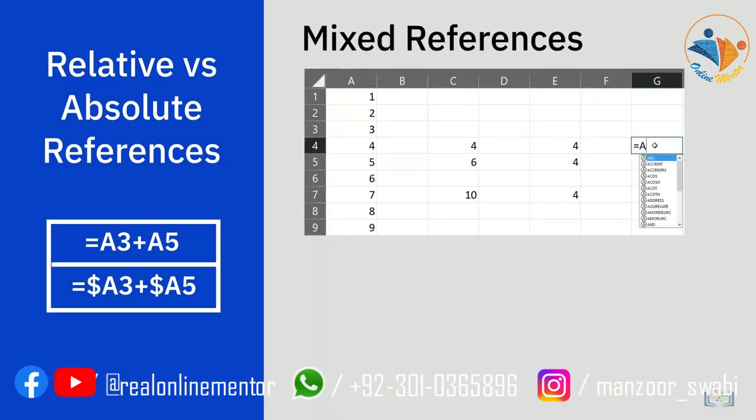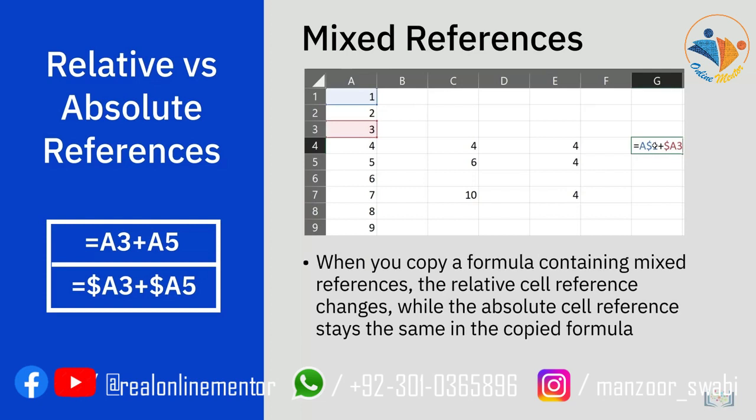These are called mixed references, and an example of this would be $A1 plus $A3, where $A1 has a relative row and an absolute column, or $A3 has an absolute column and a relative row. In contrast to relative and absolute references, when you copy a formula containing mixed cell references, any relative cell references will change, whereas any absolute cell references will stay the same in the copied formula.